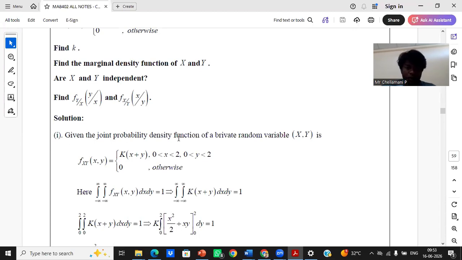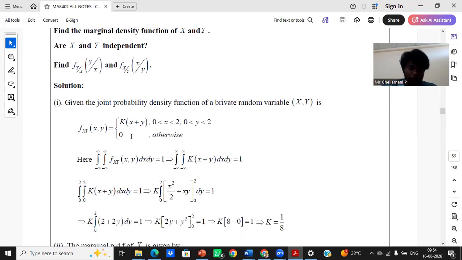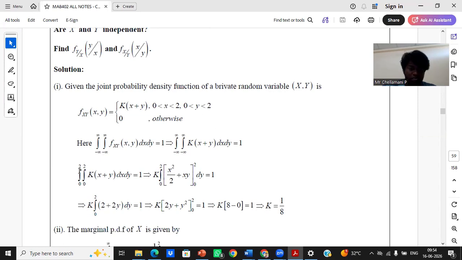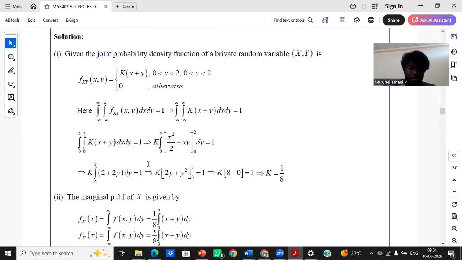The given joint probability density function of a bivariate random variable x, y is f of x, y is equal to k of x plus y. The limit is minus infinity to infinity, but our given limits are 0 to 2 and 0 to 2. Here k is a constant, so we take k outside.